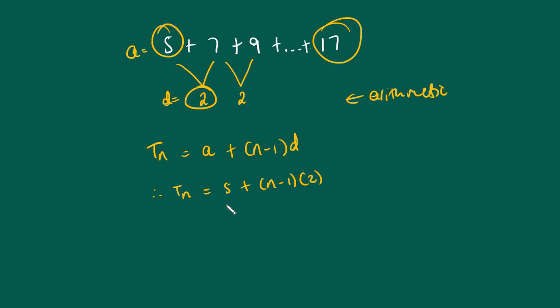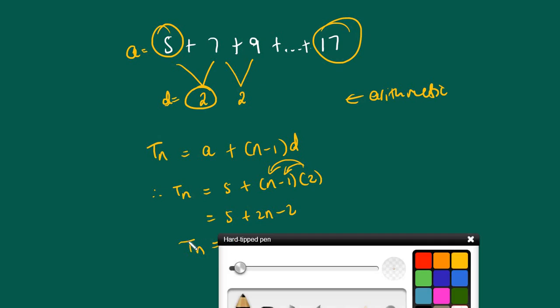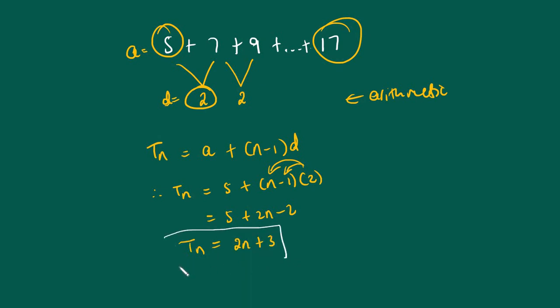Then you can simplify by saying 5 plus 2n minus 2, multiplying the 2 inside, and then 5 minus 2 gives you 2n plus 3 as your Tn. That is going to be your general term.